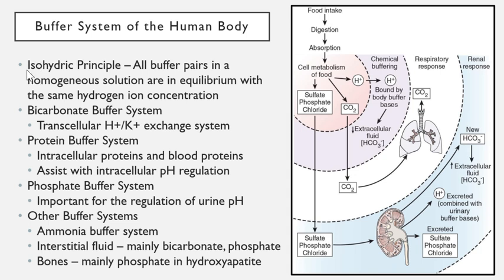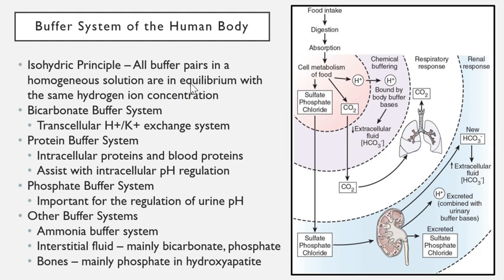So we have the buffer system of the human body. These buffers can regulate the changing pH that might occur if you are going through a lot of metabolism. And you have a lot of buffer systems in your body. The first that we already talked about is the bicarbonate system. We also have the protein buffer system, in which proteins can also absorb and release hydrogens.